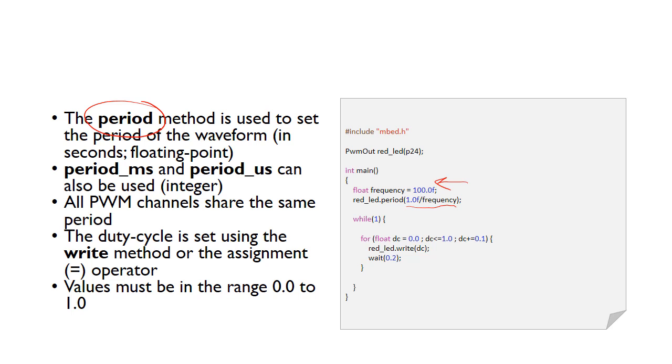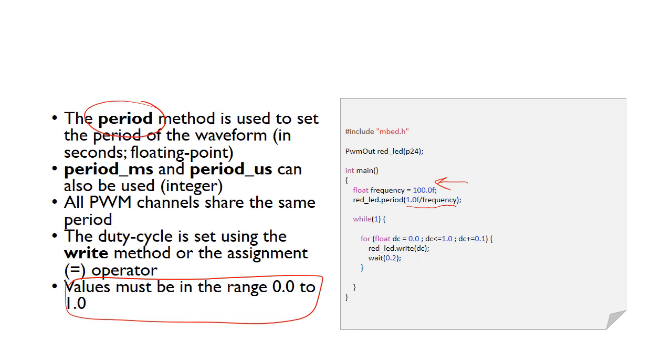Then we go into this while one loop, and I'm going to loop through the duty cycle. The duty cycle is a value in the range 0 to 1, which corresponds to 0% up to 100%.